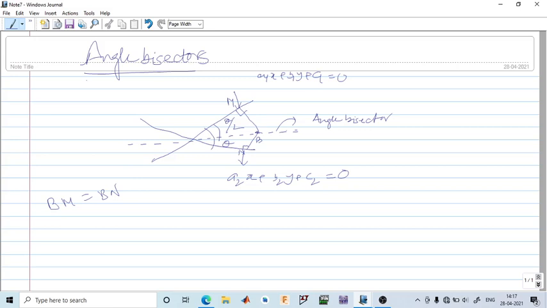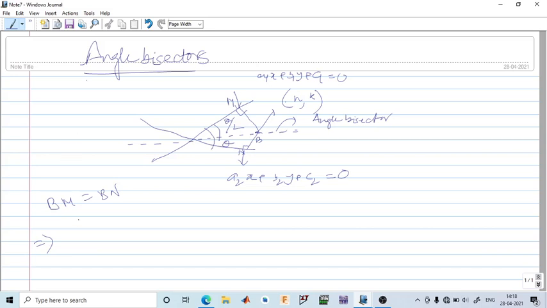Suppose the coordinates of that B are (h, k). Then I can write the distance of (h, k) from the line a1x plus b1y plus c1 equals 0.